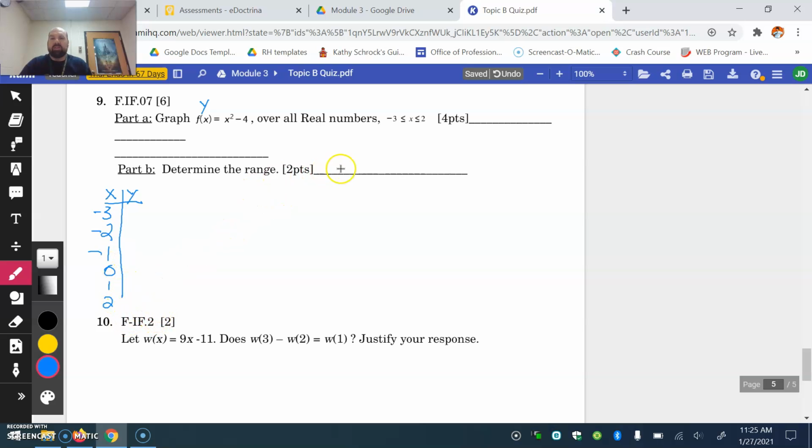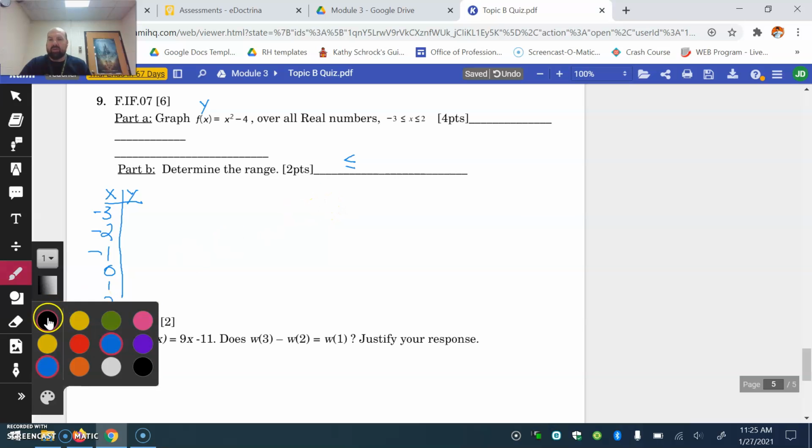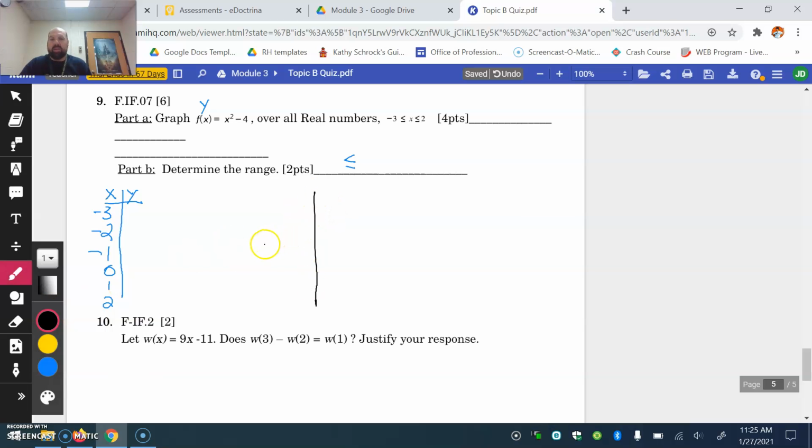All right, so you're going to determine the range. When you do, well, first of all, you're going to find these values and you're going to plot those on a grid that is provided in eDoctrina for you. Okay, you have your x values. You're going to discover your y values. Then you're going to determine your range.